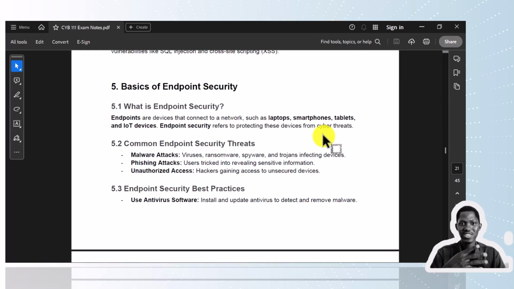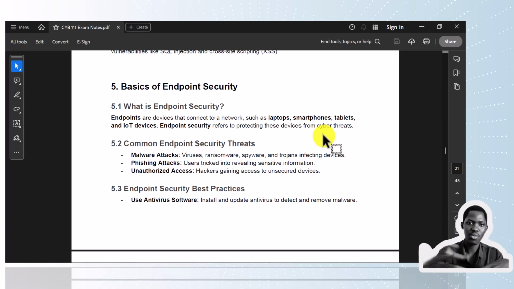So they are the end devices, right? Endpoint security refers to protecting these devices from cyber threats. So protecting your smartphone, your laptop, your smartwatch from cyber threats. That's what endpoint security is all about. There's network security, that's protecting the network, right?